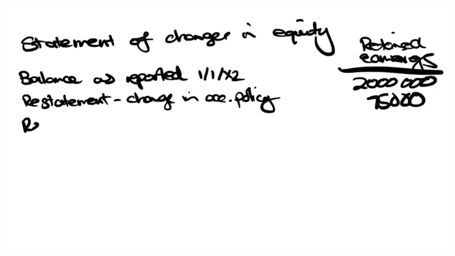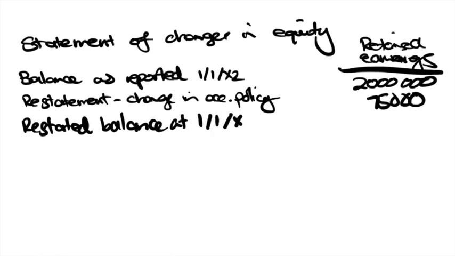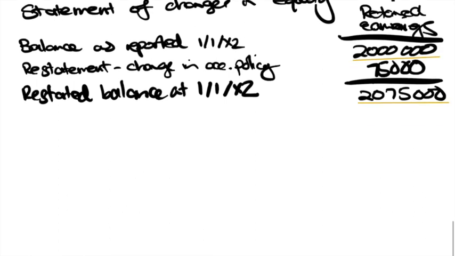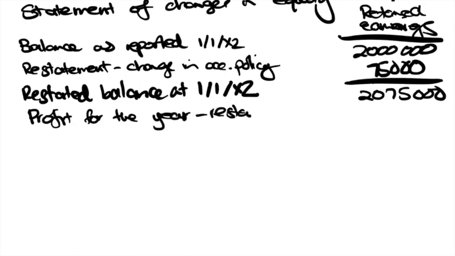So now we have a restated balance at 1/1/X2, and that new restated balance is 2075. Then we can look at our profit for the year, which is also going to be restated because that is our prior year profit.